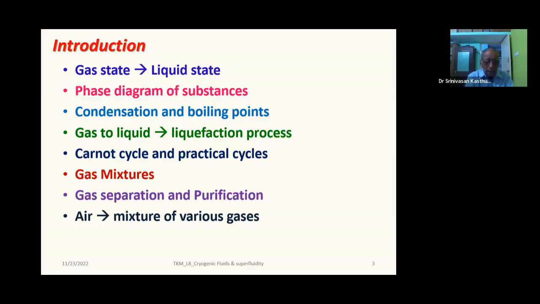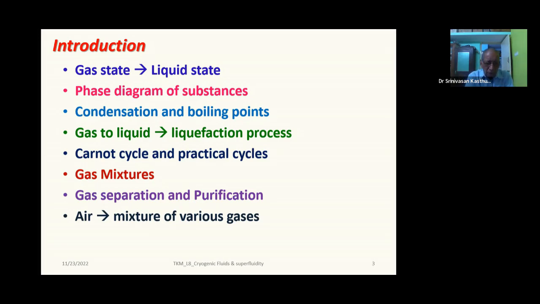Then we talked about gas mixtures, for example, air being a mixture of nitrogen and oxygen, and the gas separation and purification processes for obtaining pure gases of different sorts. In fact, the gas industry normally deals with mixtures of gases and separates them using different methods.